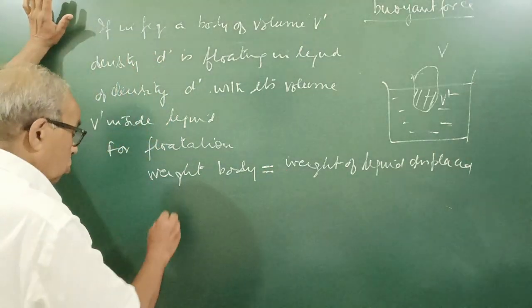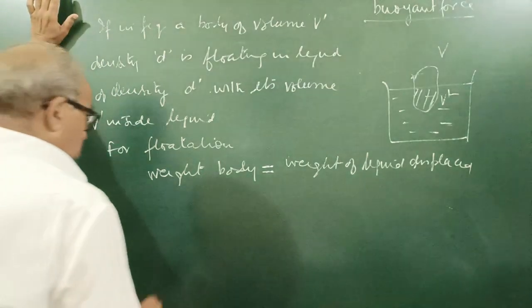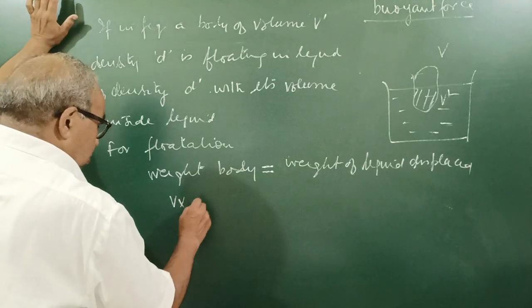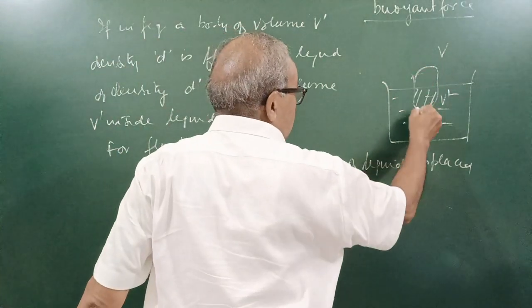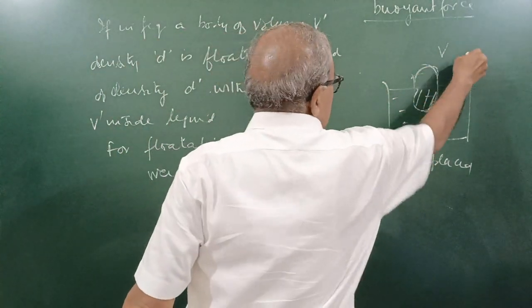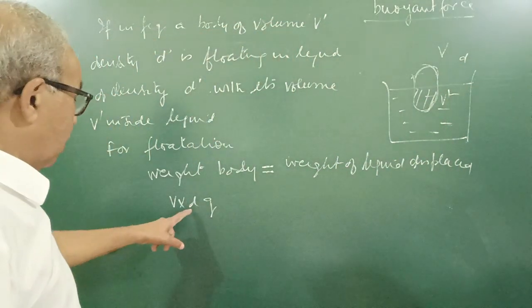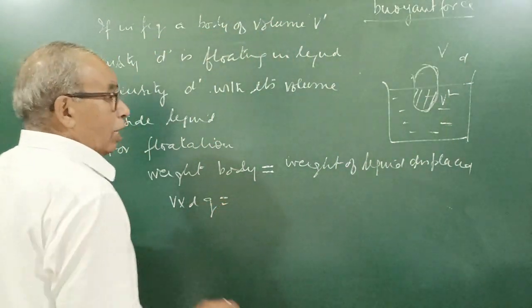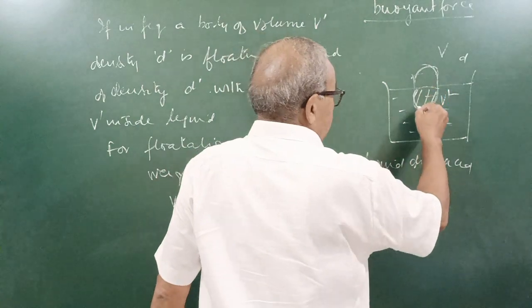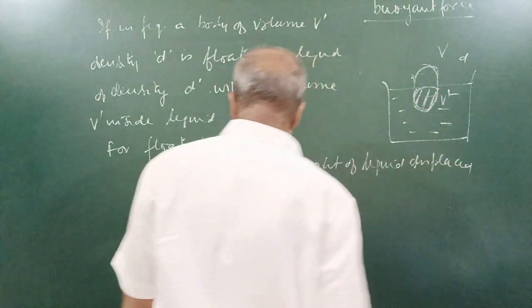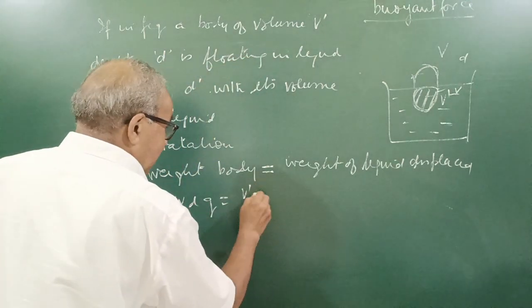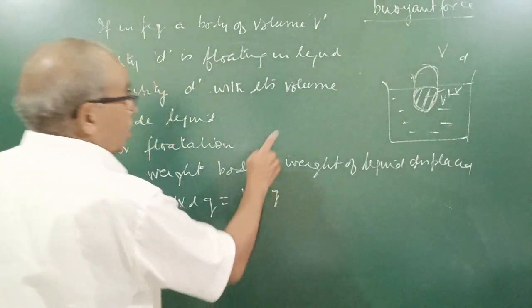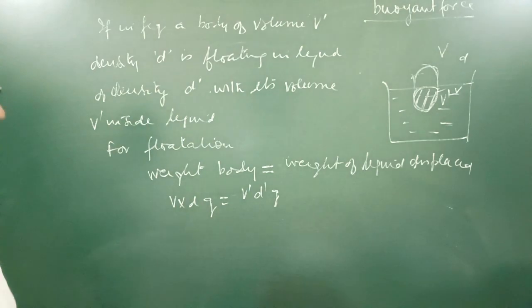So weight is equal to mass into G, that is volume into density into G. If the total volume of the body is V and density is D, then mass equals volume into density, and weight will be V D G, equal to the weight of liquid displaced. This much liquid has been displaced. If the volume displaced is V dash, it is V dash D dash G, where D dash is the density of the liquid.